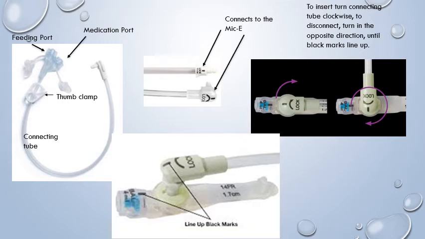In this position, the connecting tube is locked into place and locked open. You can complete a tube feed in this position. To remove the connecting tube from the Mickey, turn the tube counterclockwise, line up the black marks on the Mickey and the connecting tube, then pull the tube straight out.